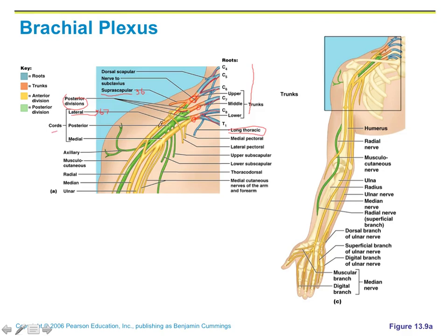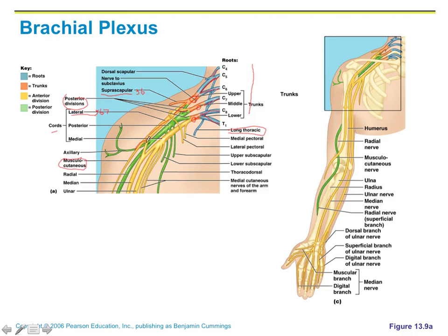The lateral cord continues to travel down and then divides into two branches. One branch is called the musculocutaneous nerve.